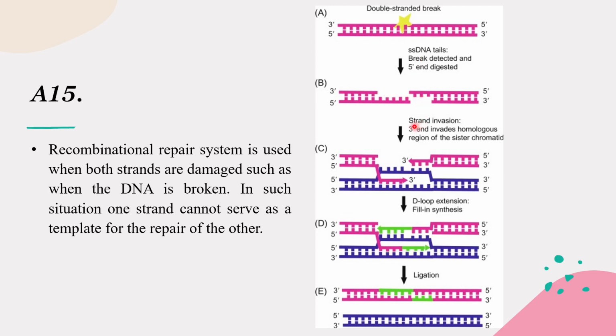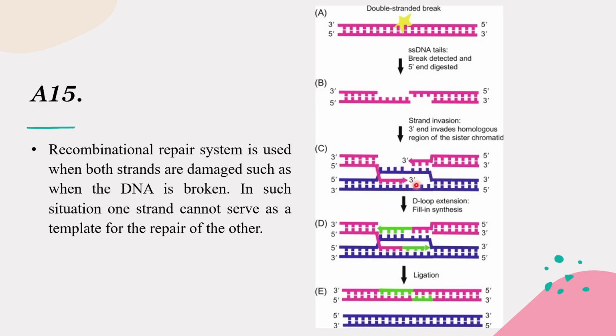Then what happens? Strand invasion. The 3' end invades the homologous region of the sister chromatid. So I think you can correlate with the homologous DNA repair mechanism. What happens? This 3' DNA strand will move with the homologous strand of the sister chromatid.